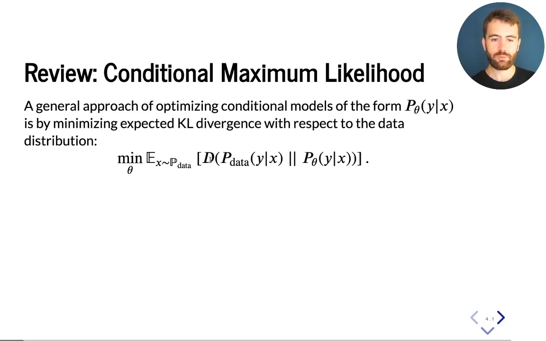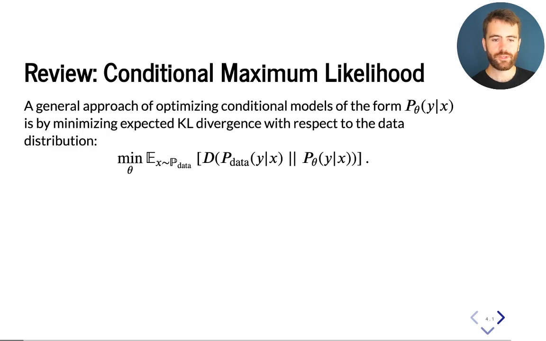In this objective, we are looking at a divergence, specifically the KL divergence, between the data distribution and the model distribution at a point x, and we're comparing its distribution over y given an x. Our goal is to minimize the expected difference between these two functions, where the expectation is taken over all the possible x's that we can have.